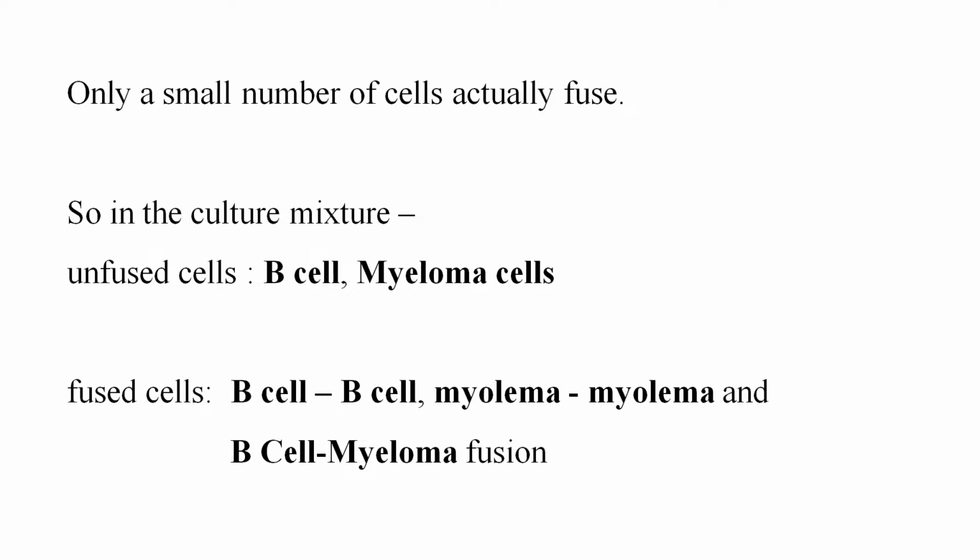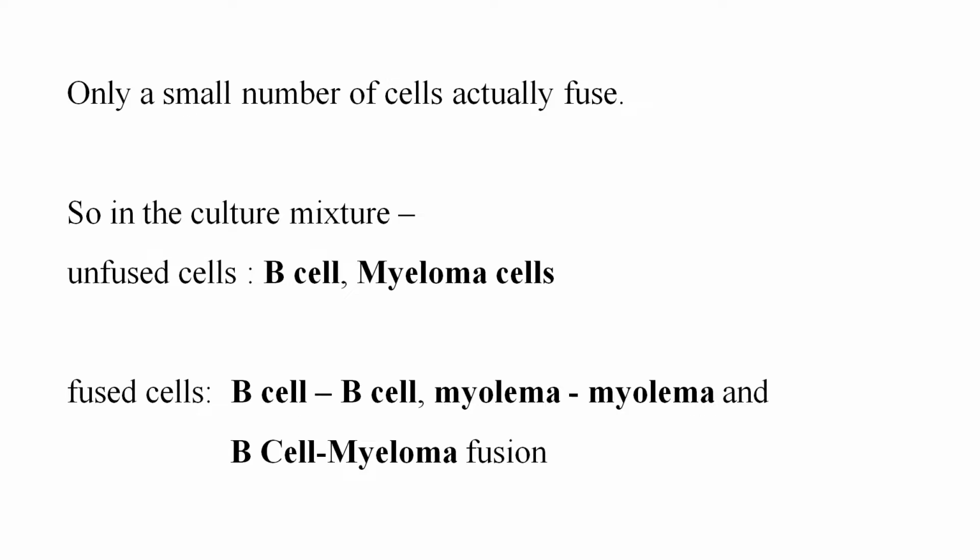But as I have mentioned, we have four other different types of cells in the mixture: unfused B cells, unfused myeloma cells, B cell fused with a B cell, myeloma cell fused with a myeloma cell. So from this mixture of cells, we have to select our hybridoma cell.